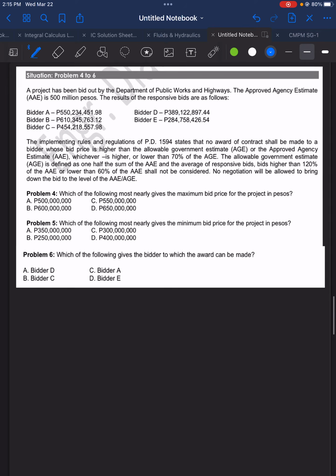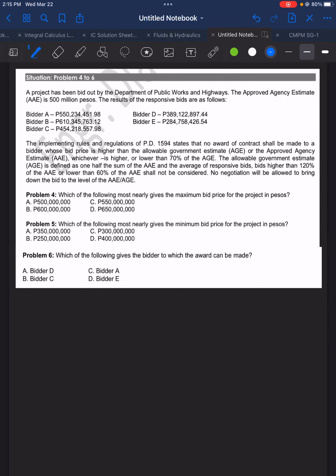Let's go for situation for problems 4 to 6. Okay, so a project has been bid out by DPWH and AAE is 500 million pesos. And the same bidders, same set of bidders A to E, and same statement with problems 1 to 3. Now the question here is, which of the following most nearly gives the maximum bid price for the project in pesos? So we were able to show that a while ago.